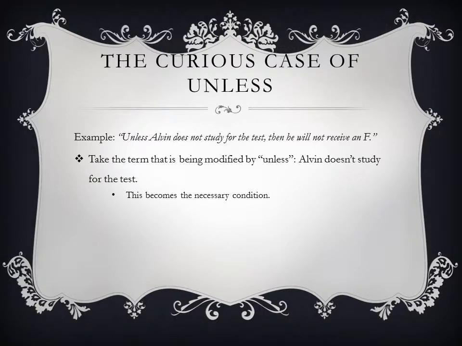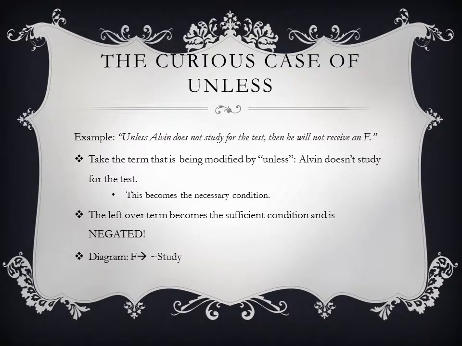You take the term that is being modified by unless, which is Alvin doesn't study for the test, and that becomes the necessary condition. Then the leftover term, which would be he will not receive an F, becomes the sufficient condition, and this is most important: you have to negate the sufficient condition.